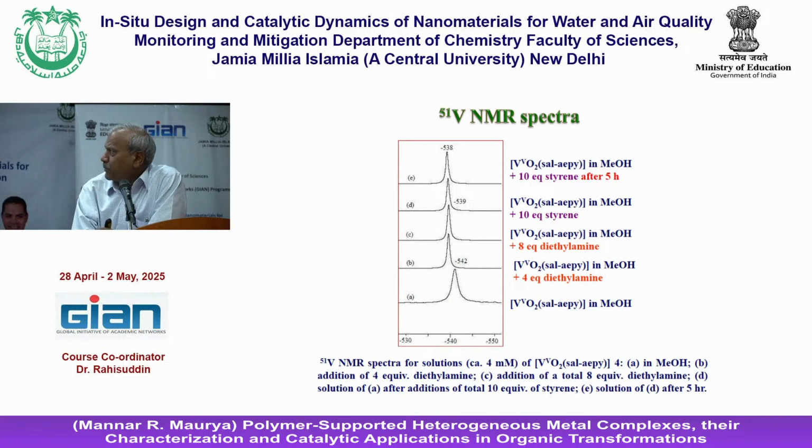Then you add styrene and you find another change, and when you add excess styrene the almost original position comes back. That shows that the amine in the beginning interacts with the metal center, and then in the presence of styrene the product forms, giving you the final products.